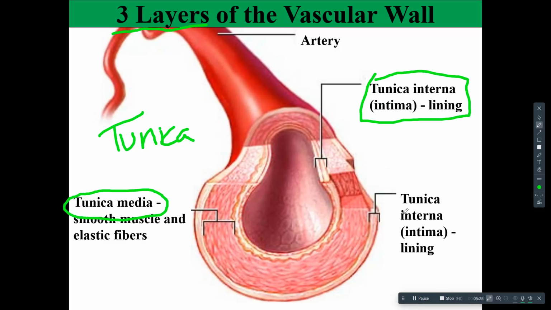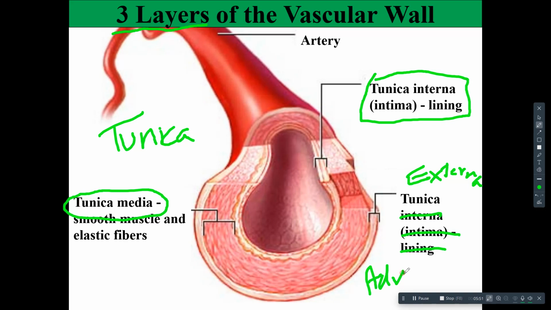And then the outer layer, and I just realized I made a mistake here. I love catching mistakes. The outer layer is called the tunica externa. It is also called the tunica adventitia. We'll talk about why that is in a moment.